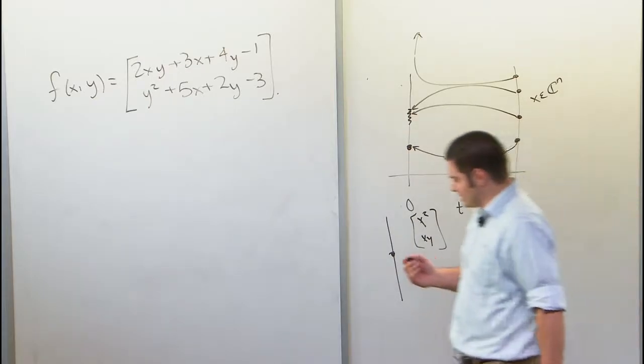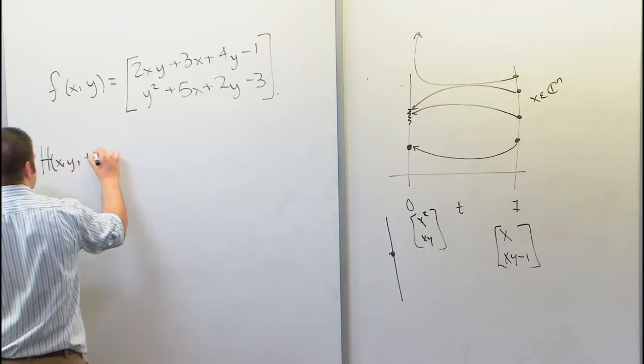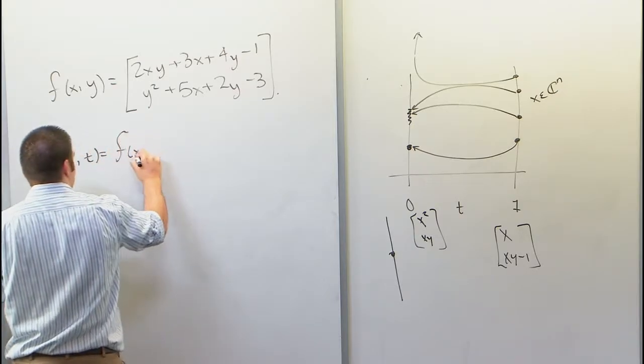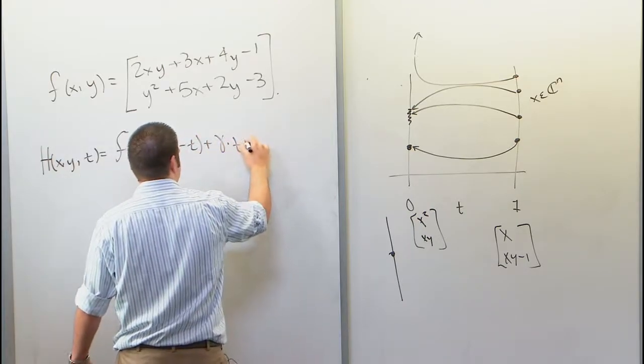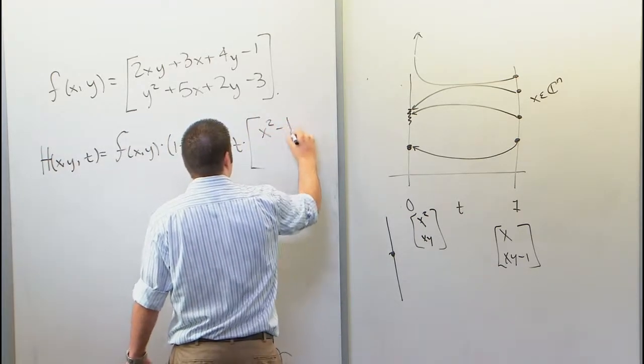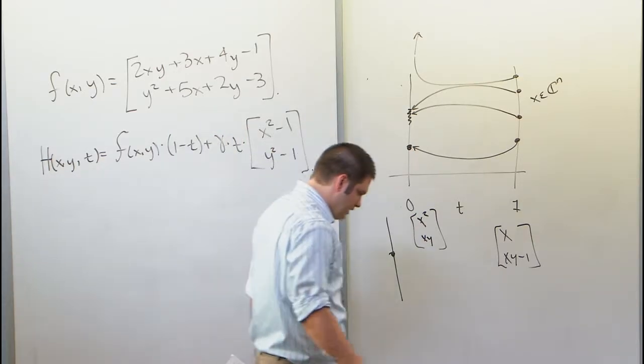Now I set up my homotopy: H(x,y,t) is f(x,y) times 1 minus t plus gamma times t times (x squared minus 1, y squared minus 1).